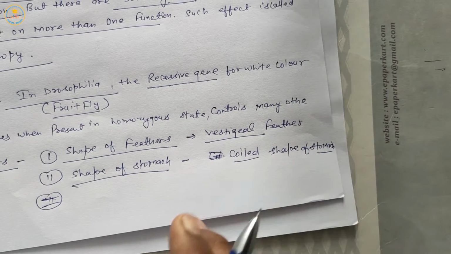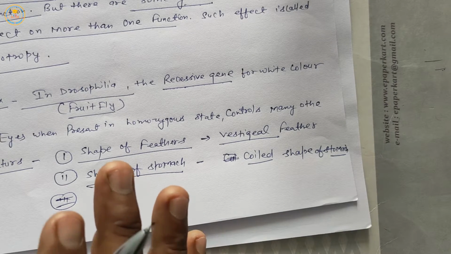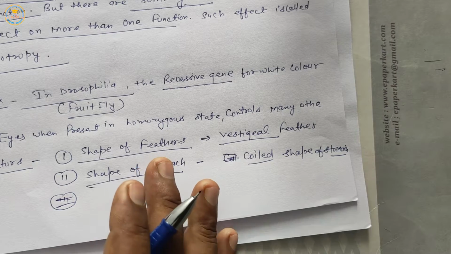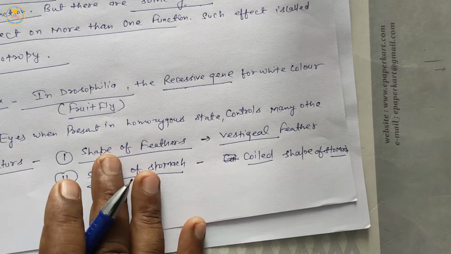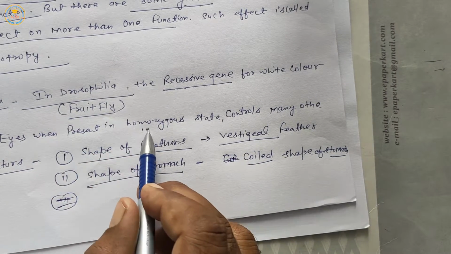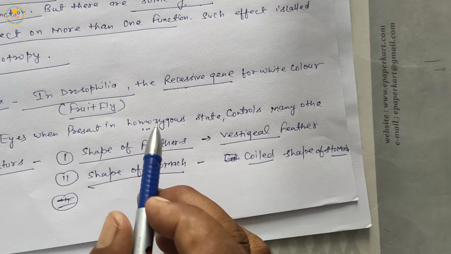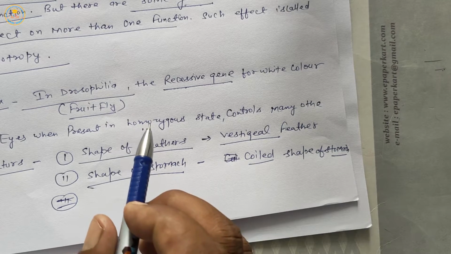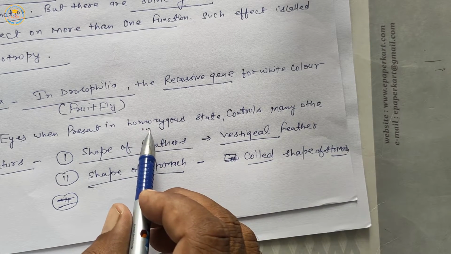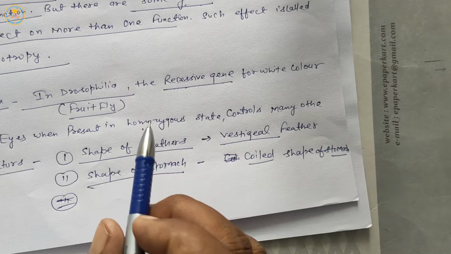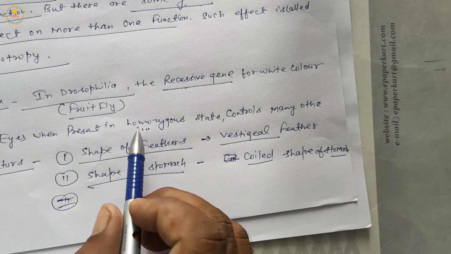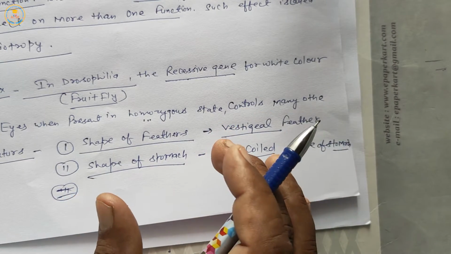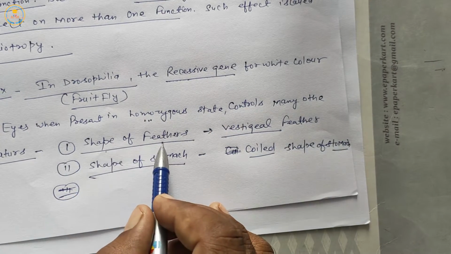Once again, in Drosophila, if the recessive gene for white color is present in homozygous form, these recessive genes control many characters, like shape of feathers.